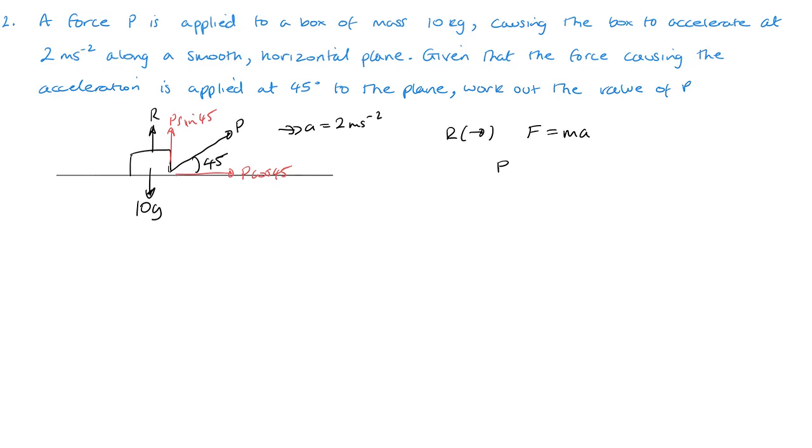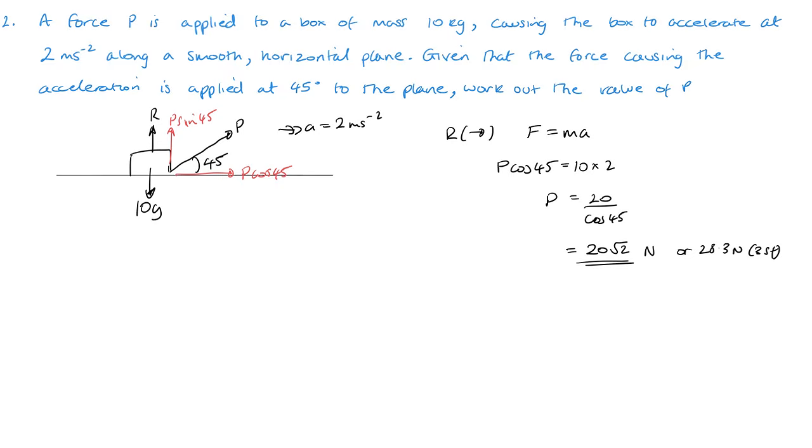So that's P cos 45 equals 10 kilograms, isn't it, times 2. So P is 20 divided by cos 45, which is 20 root 2 newtons. Or you could put it as 28.3 to 3 significant figures there.